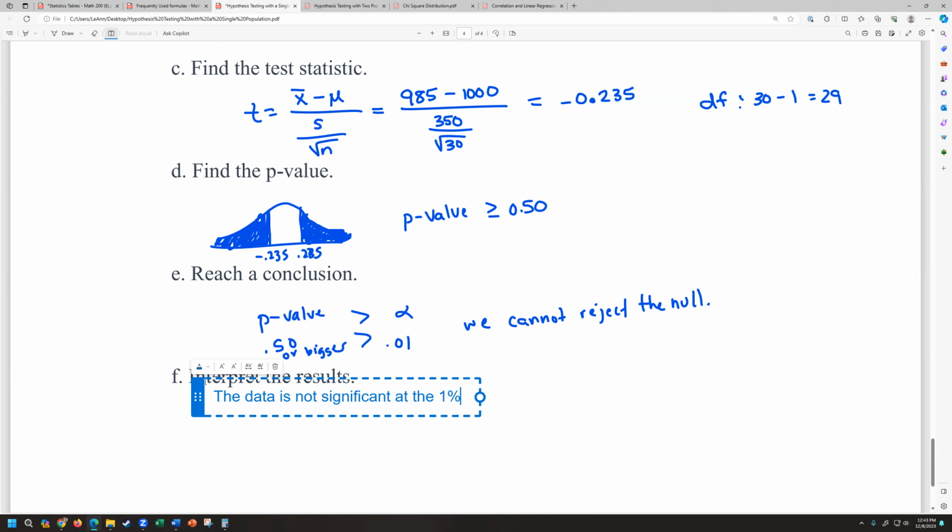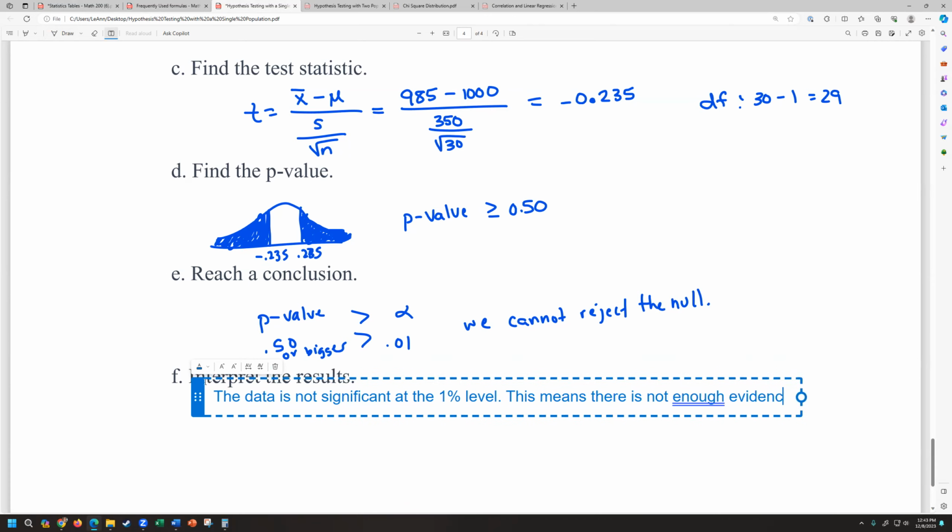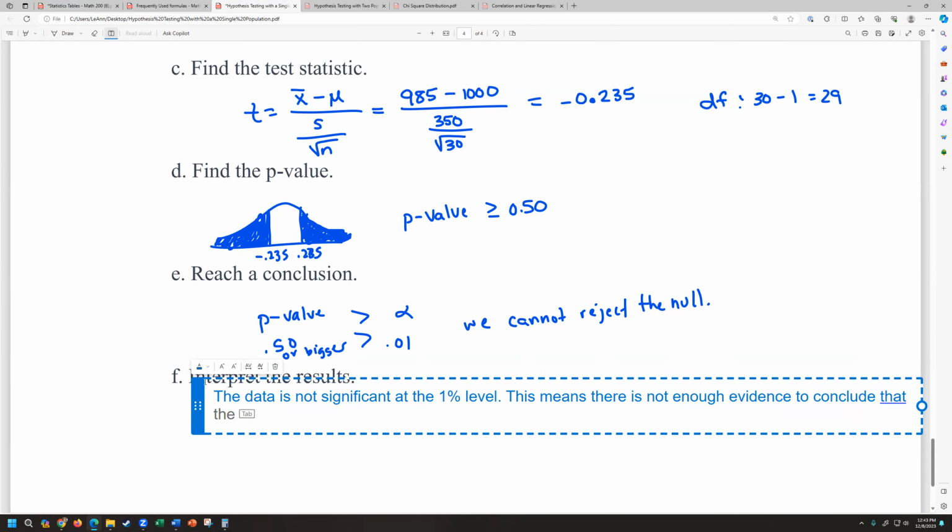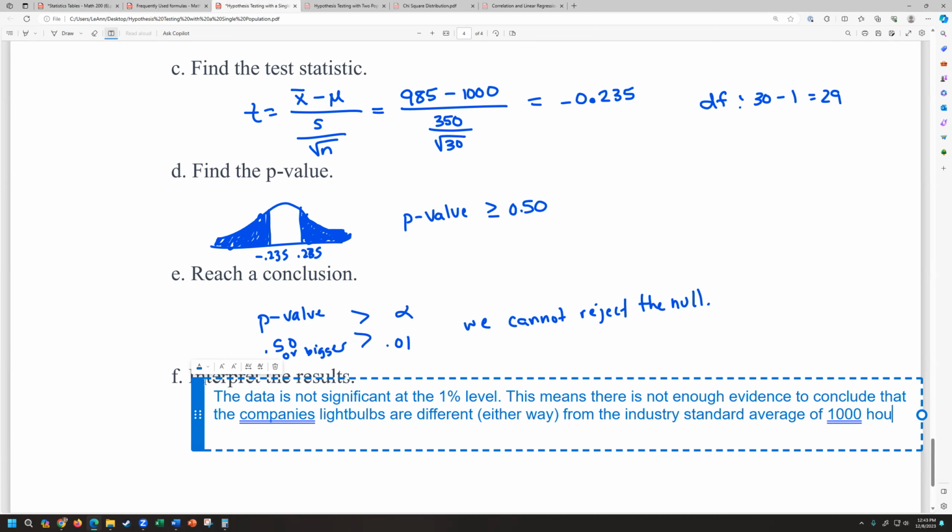At the 1% level, this means there is not enough evidence to conclude that, and then we go back to our statement, which was they were testing that the company's light bulbs are different either way from the industry standard average of 1,000 hour lifespan.